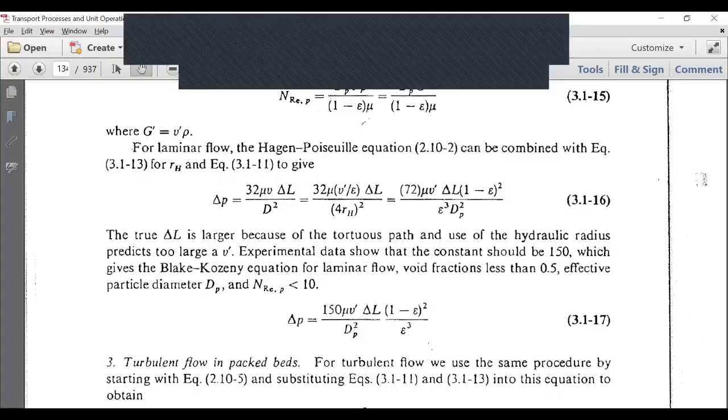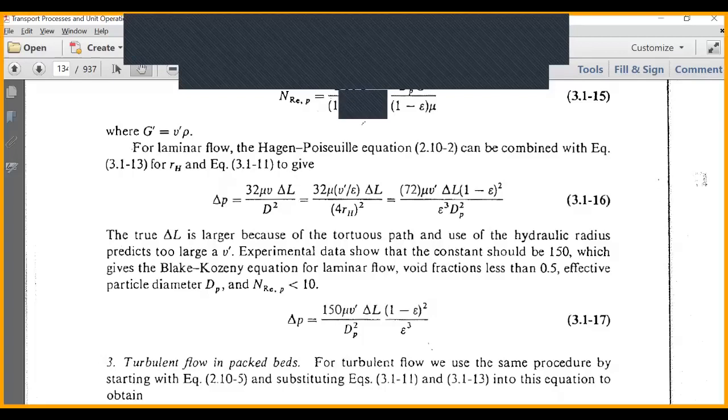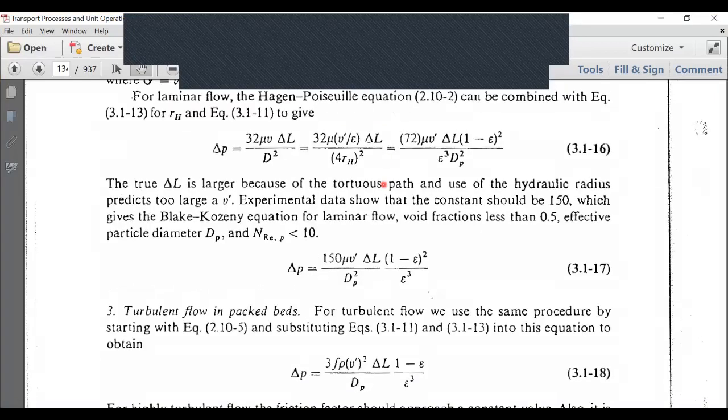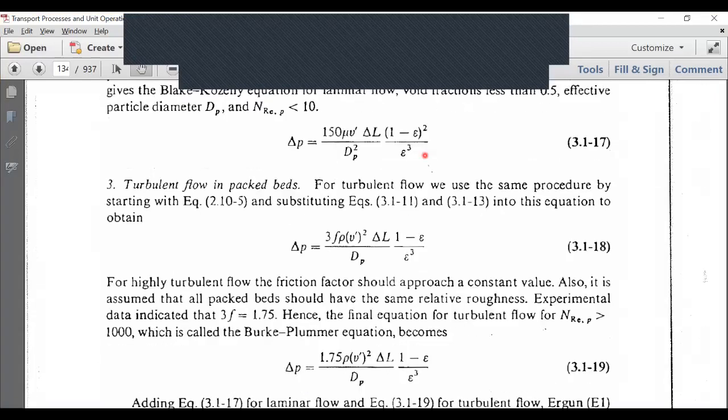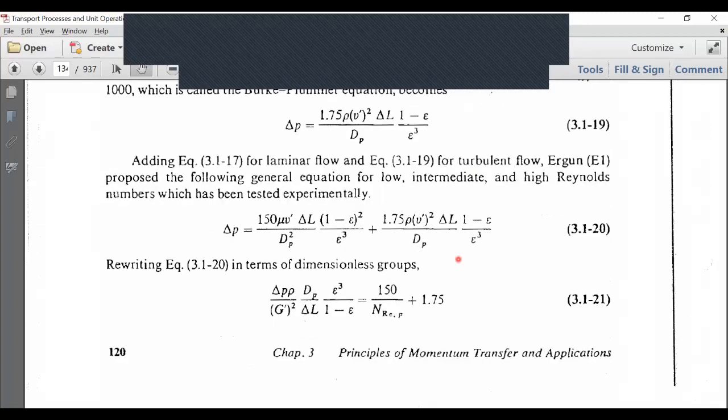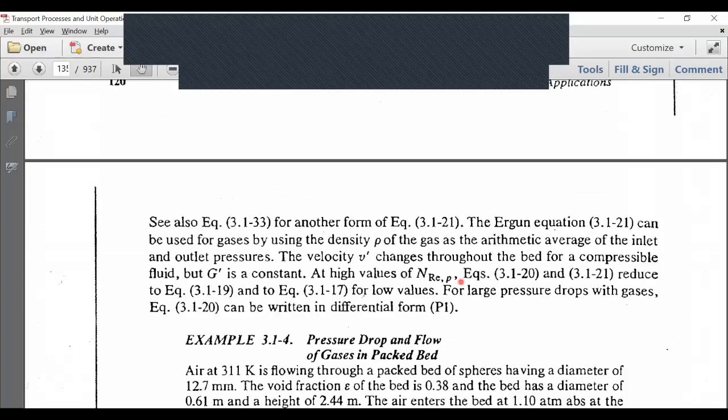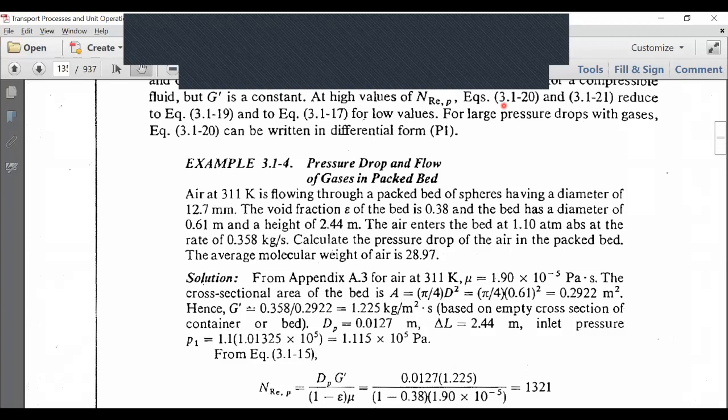If the packing is very fine, if the packing has a very small diameter, we cannot use equation 3.117, but we can use the derived equation 3.128. Let me go down.